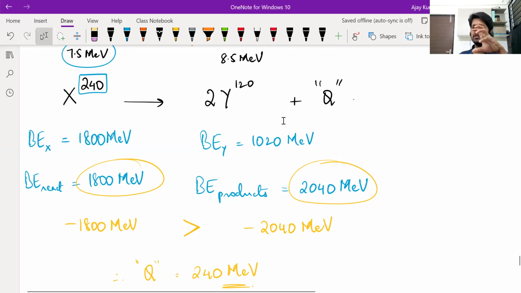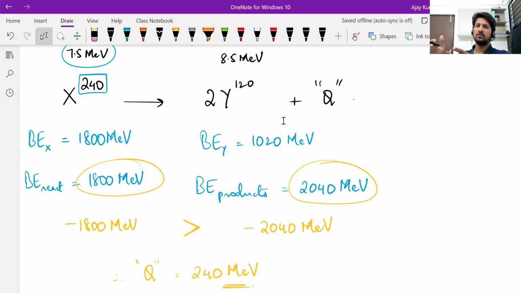They make a heavy nucleus undergo fission, usually uranium 238. When a neutron collides with uranium 238, it disintegrates into smaller nuclei, and those smaller nuclei will be stable nuclei. Uranium 238 is unstable. Obviously, mass number 238, greater than 170, is unstable.